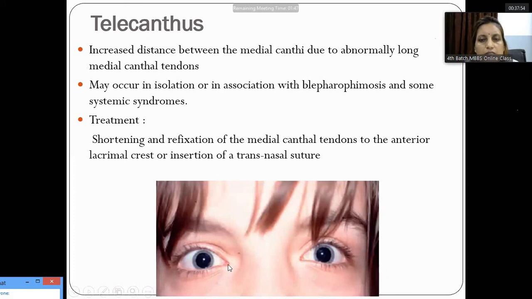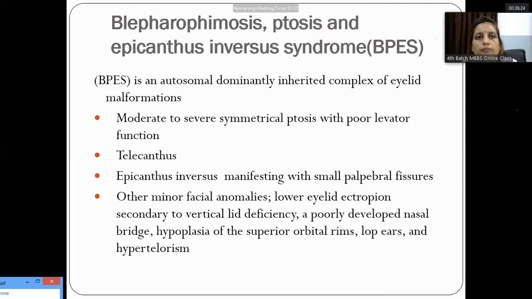Due to this long medial canthal tendon, there is an abnormally wide medial canthal distance. It may occur in isolation or be associated with blepharophimosis and some systemic syndromes. Telecanthus is usually associated with blepharophimosis syndrome, and surgery can include shortening and refixing of the medial canthal tendon to the anterior lacrimal crest or insertion of a transnasal suture.